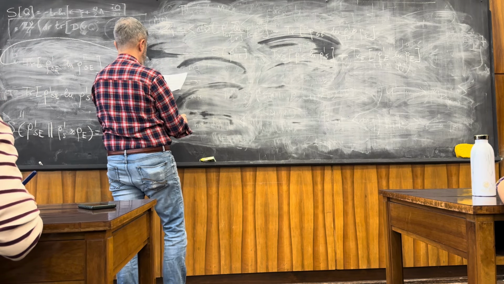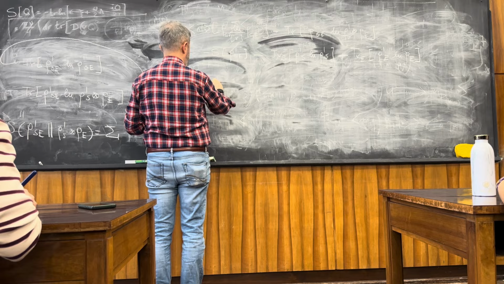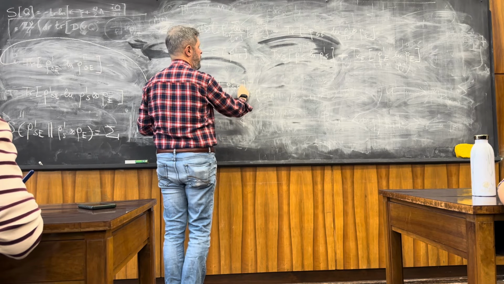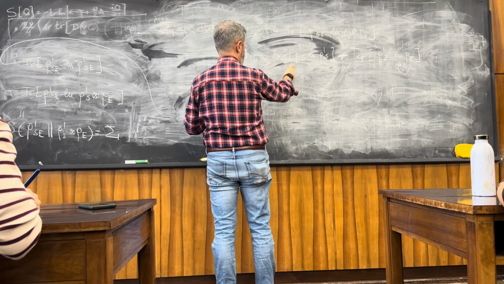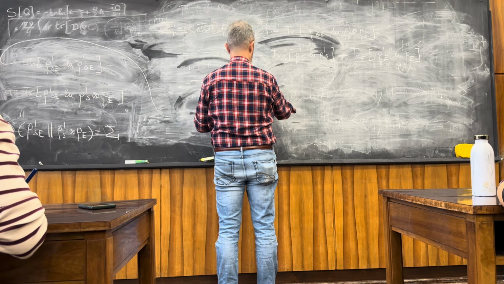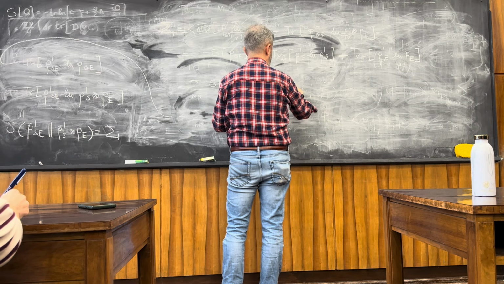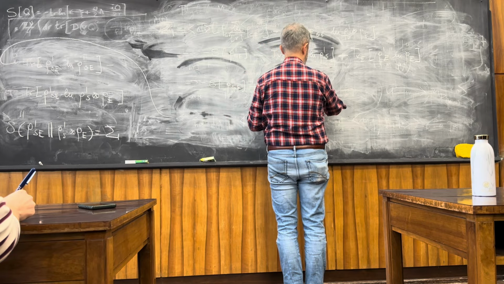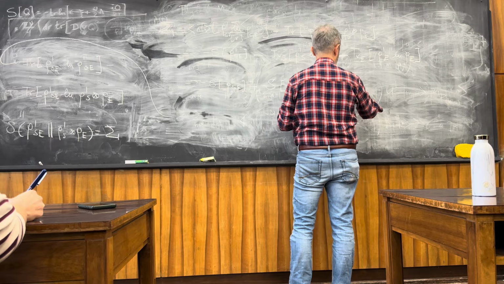So we write this as minus the entropy of rho prime SE. Now this is plus the von Neumann entropy of the system, rho prime S. And this is minus the trace of rho prime E log of rho E.